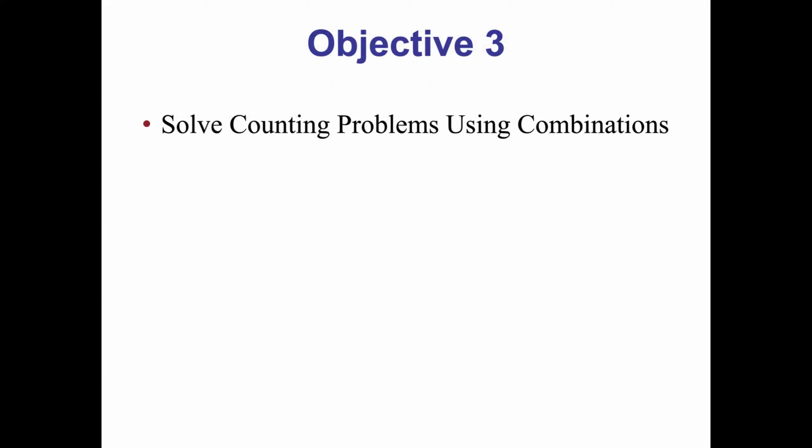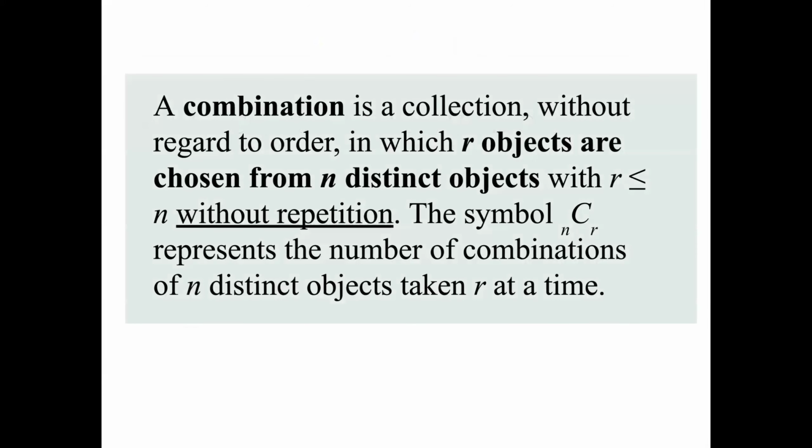Now on to combinations. We just have to understand the difference. Combinations are similar to permutations, and when I read this, you may hear the similarity. A combination is a collection, without regard to order, of R objects chosen from N distinct objects. That looks very similar to what we defined as permutations.